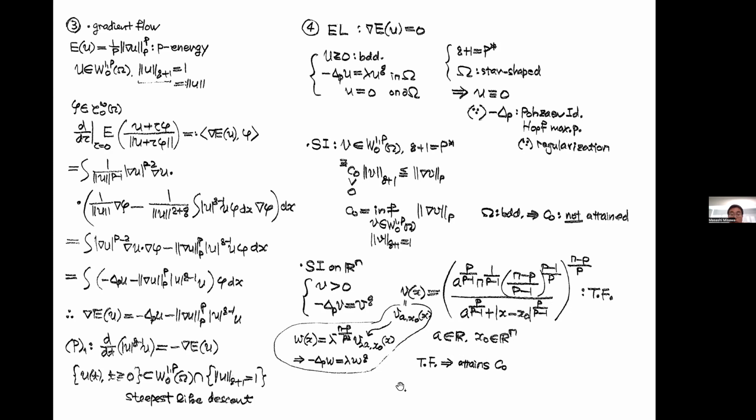What is the relation to our equation? If we let v(x) be denoted by v_{a,x0}(x), where a and x0 are free to choose, then it gives the stationary equation corresponding to our evolution equation, that is, minus p-Laplacian w equals lambda times w to the power q.